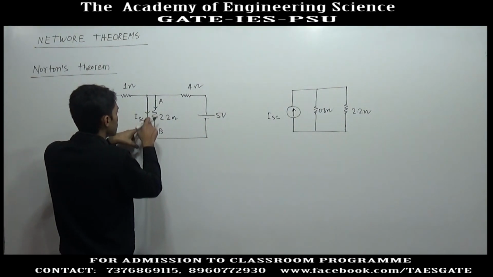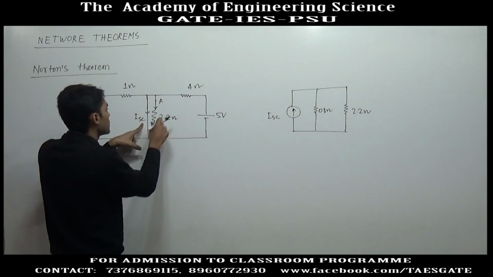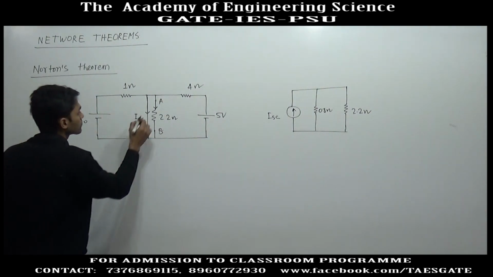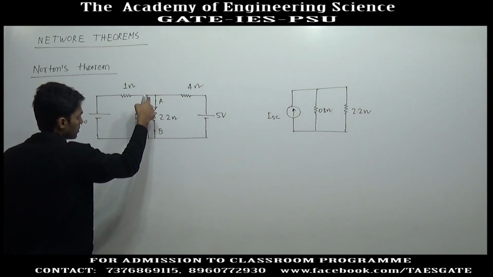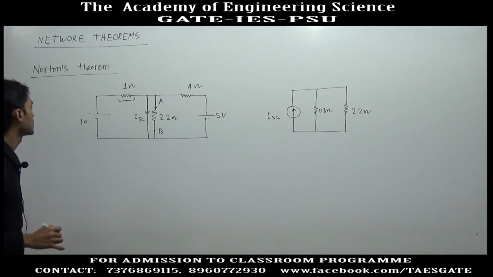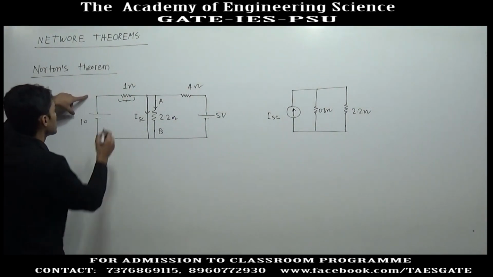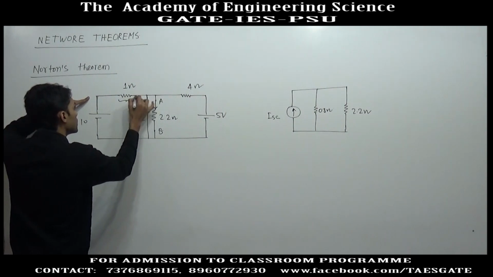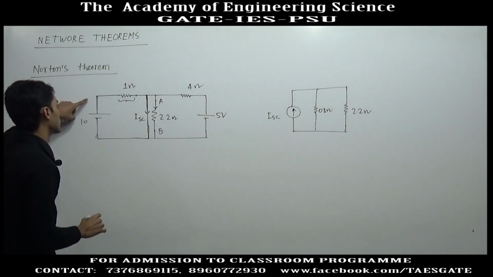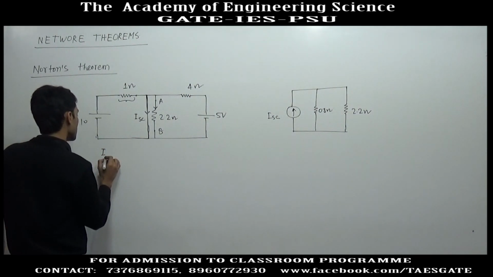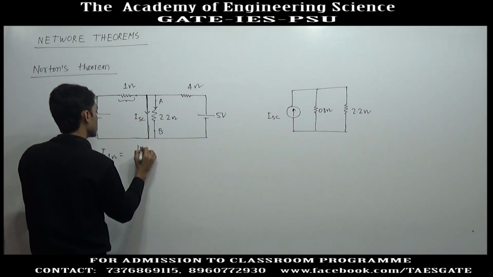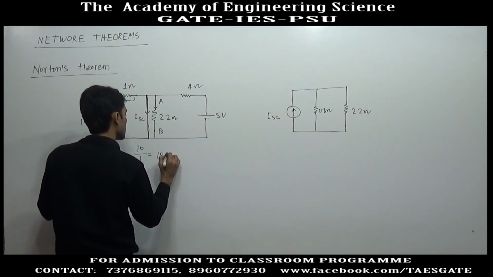Now if these two points are short circuited, no current can flow in the 2.2 ohm resistance. And the voltage across the 1 ohm resistance is equal to 10 volt. This point is connected to the positive terminal, and through this short path the other point is connected to the negative terminal of the voltage. So the current in the 1 ohm resistance will be the voltage across it, 10 volt, divided by 1. This is 10 ampere.